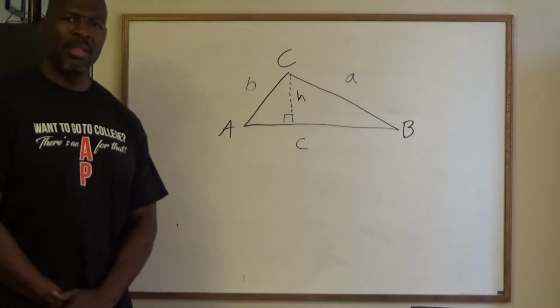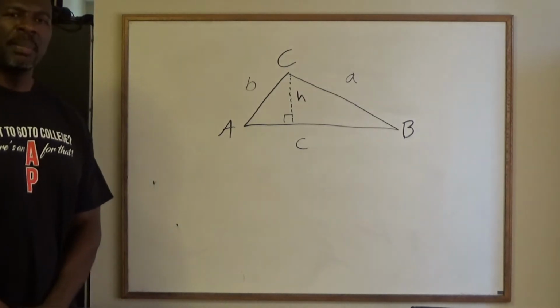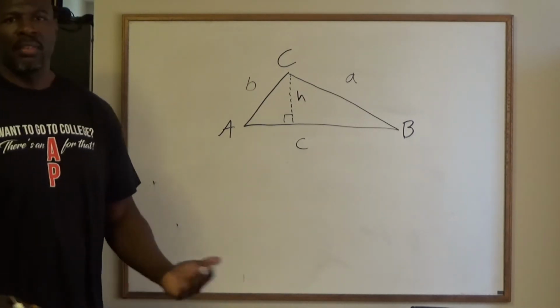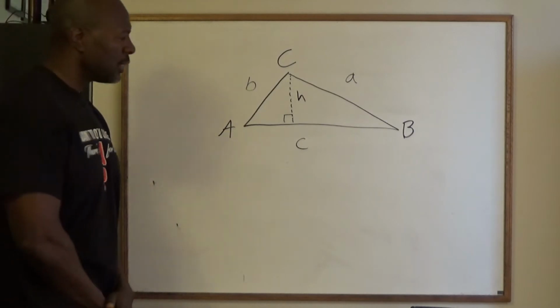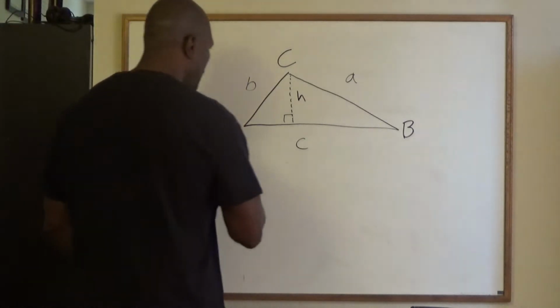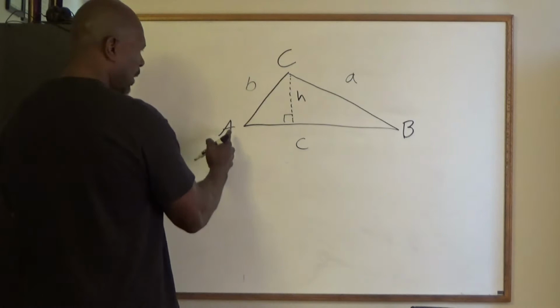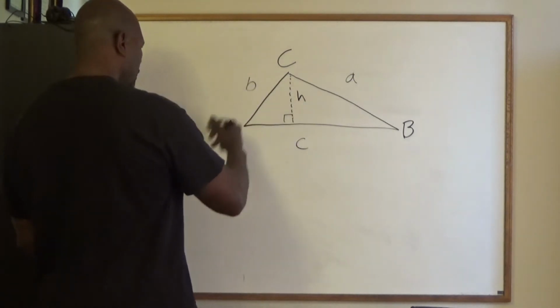Since this is called the law of sines, let me do the sine ratio for angle A and for angle B, and let's see what happens. Sine is opposite over hypotenuse, so the sine of angle A would be h over b.